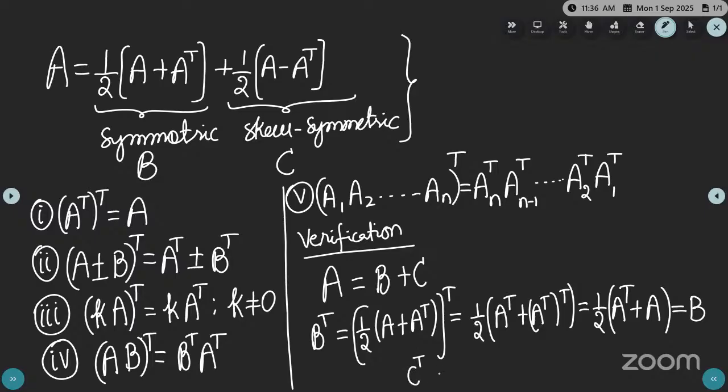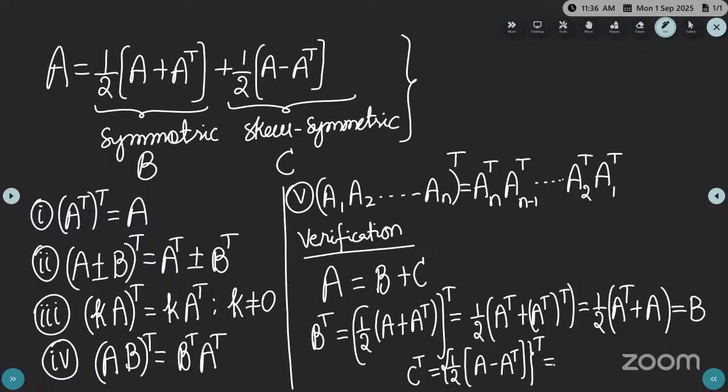In the same manner, write C transpose. Find C transpose: 1 by 2 (A minus A transpose) whole transpose. 1 by 2 (A minus A transpose) whole transpose.